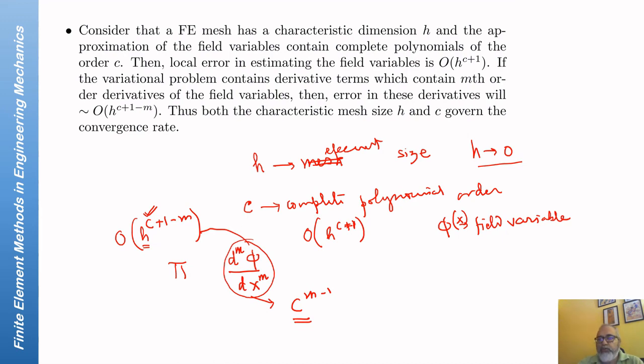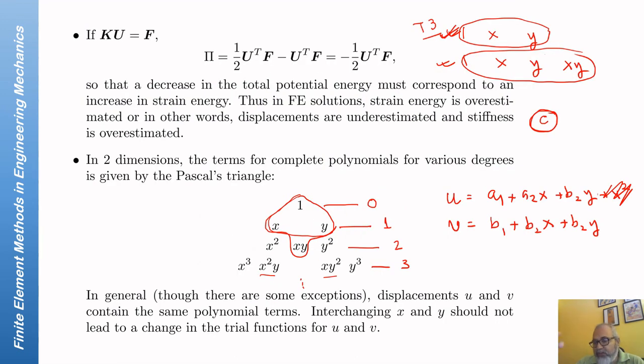So this is why we should worry about the order of the highest complete polynomial, and we should try to make it balanced. If you have a two-dimensional or three-dimensional problem with multiple field variable components, then you must try to make it balanced so that it's isotropic with respect to changes in XYZ orientation.